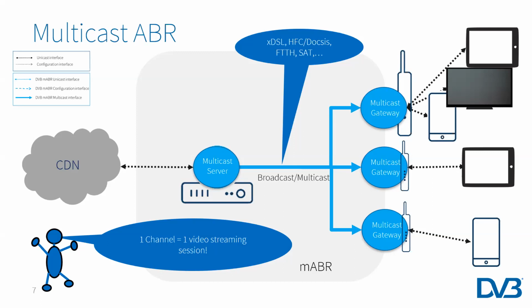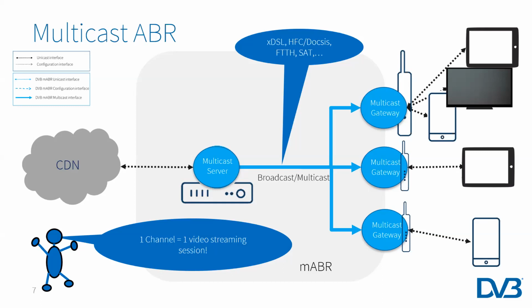Then we have a multicast pipe, and on the other side the multicast gateway, hosted for example in residential gateways. At the end of the presentation we will see different use cases and types of deployments we can imagine.